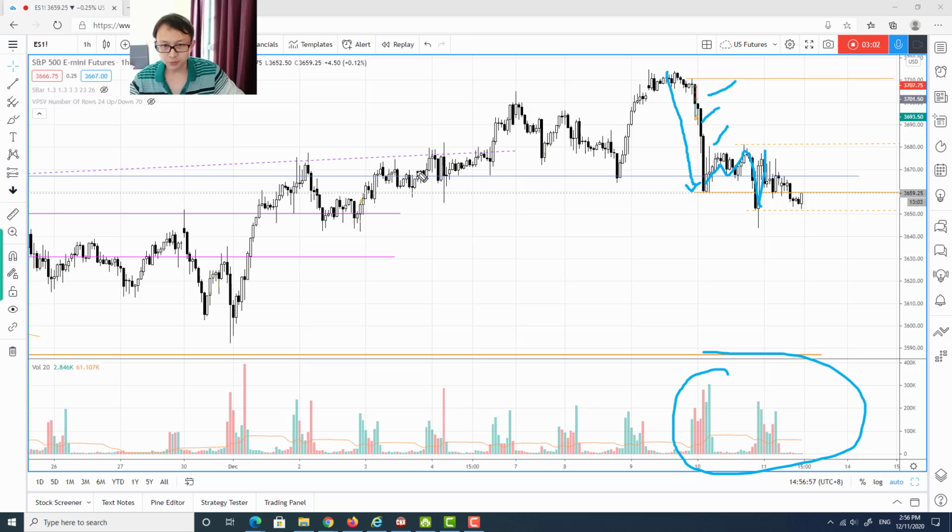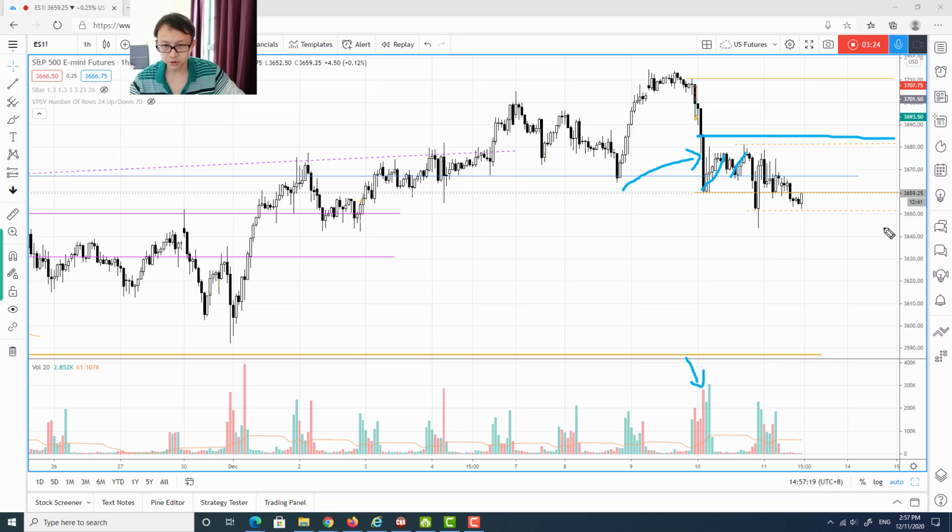The immediate support level at 3670 is kind of broken, and the market struggled to get back up, or I should say specifically to get above about 3680, where there was a supply zone. You can see this is a big bearish bar with a spike of supply. So this is the first level to watch.